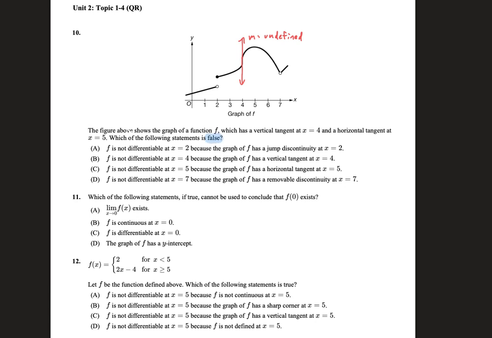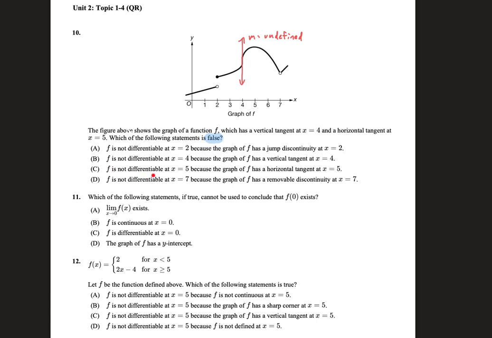So this is not false. F is not differentiable at 2 because it's not continuous, because there's a jump discontinuity. Part B, f is not differentiable at x equals 4 because f has a vertical tangent, so that's true, so that's not it either.